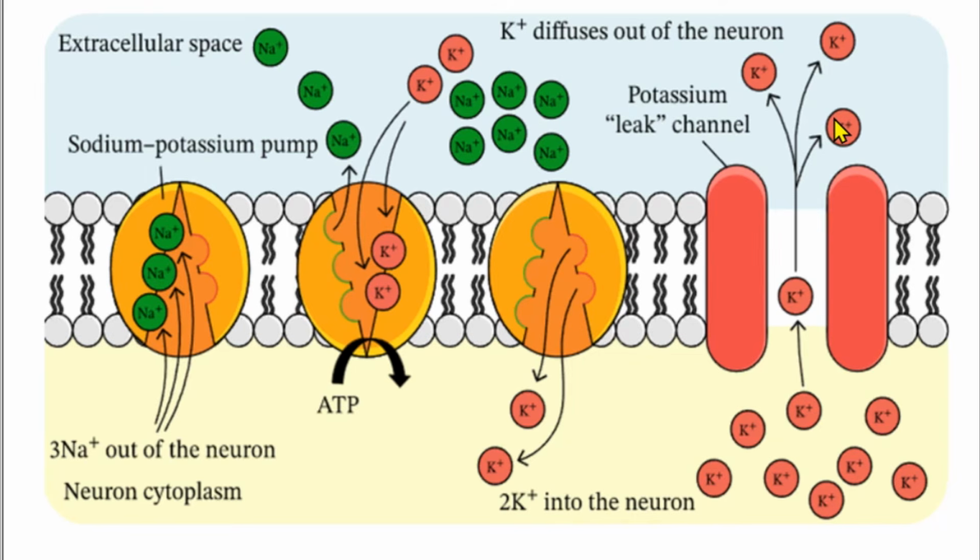So what happens then? Well, outside here becomes more positive compared to inside here, down here inside the cell. So inside the neuron, there's a negative net charge, and there's a positive net charge outside. Inside here is negative because it's losing all of these.